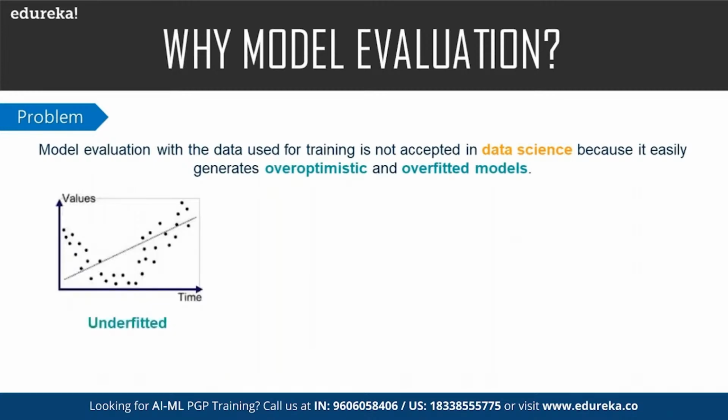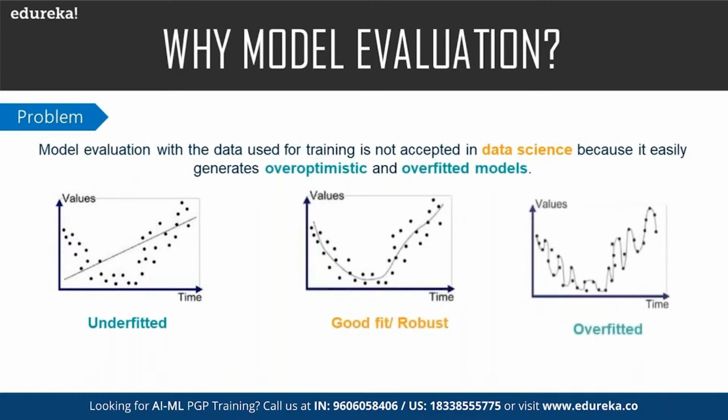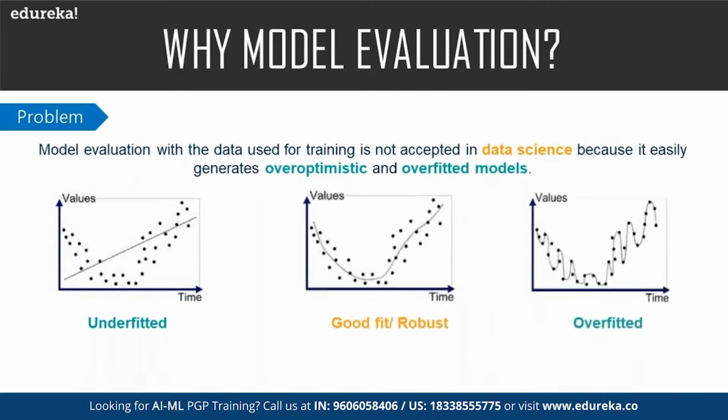So this is how we get the underfit model, and again the overfit model. And once we have the right data set for model evaluation, that is where we see the best fit, or good fit, model. These graphs are just representing the values against time, meaning the training time and the values yielded by the model.